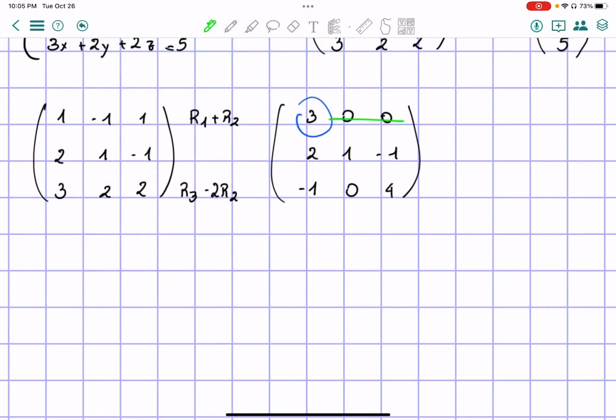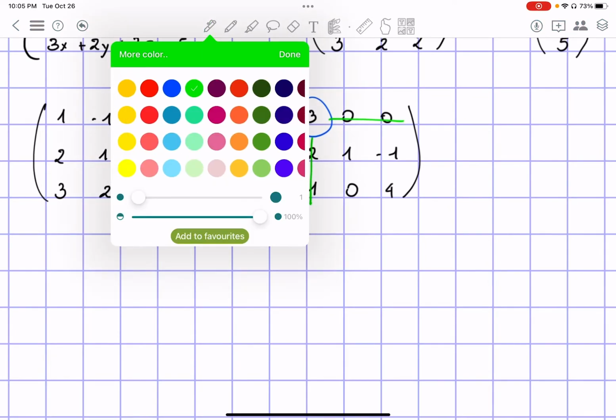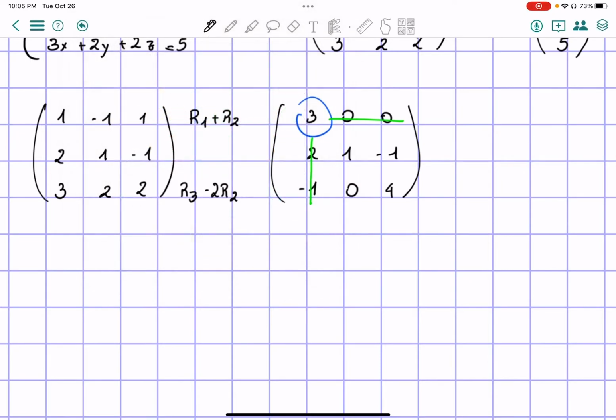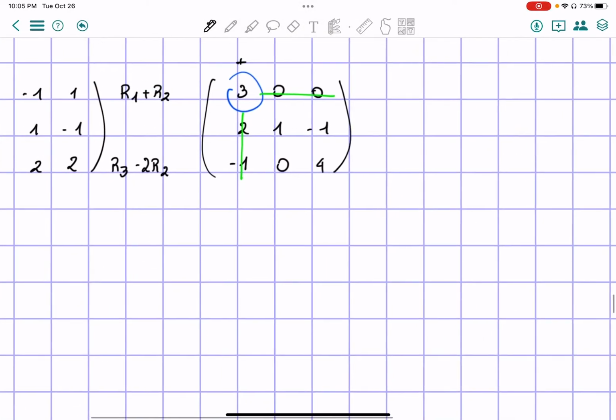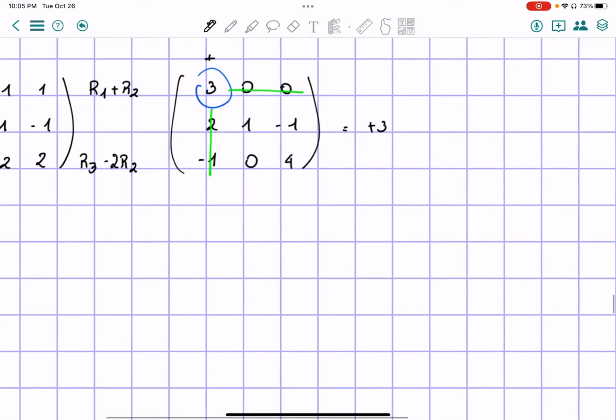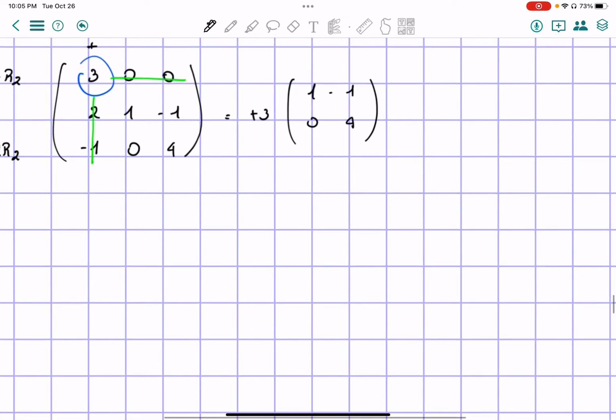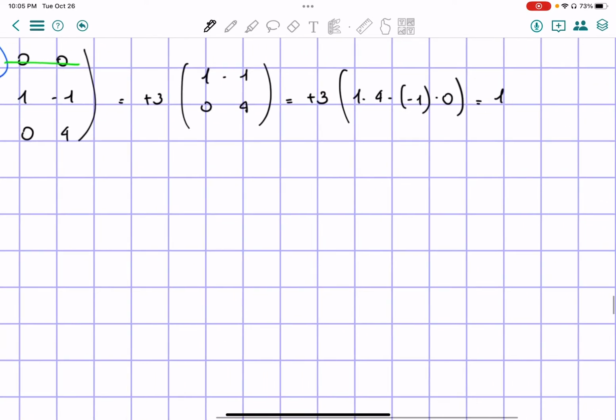So we get rid of these numbers, and since 3 is going to be a plus, we can simply write plus 3, and then the matrix that is left is 1, -1, 0, and 4. So it's going to be plus 3 times (1 times 4 minus 1 times 0). So we're going to get 12.